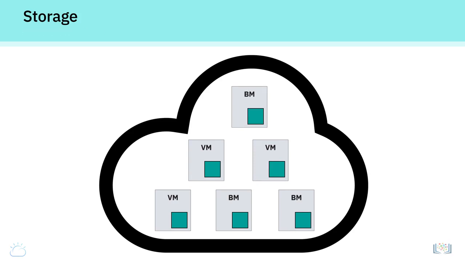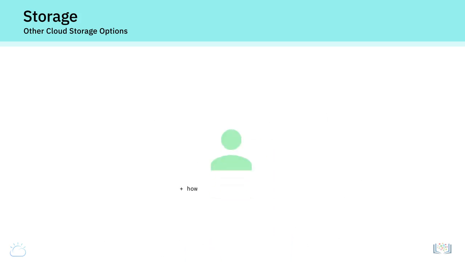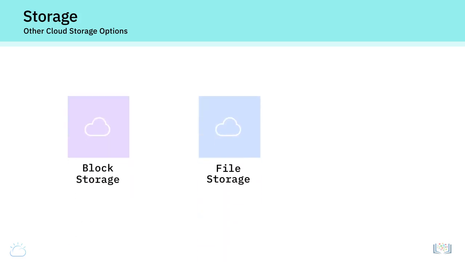However, there are other storage options available on the cloud to persist data that you can choose depending on factors like how important your data is, how quickly you want to be able to access it, how often you access it, and how secure you need it to be. These additional storage options include block storage, file storage, and object storage.